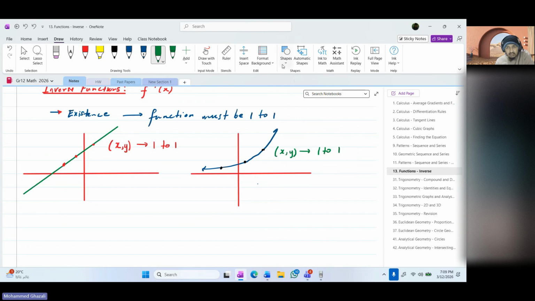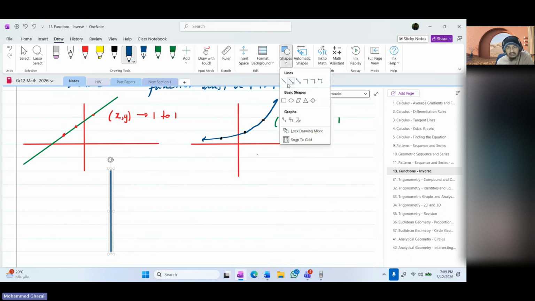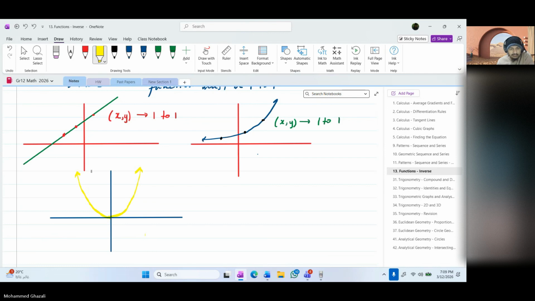Let's look at functions that are not unique. They are still functions, but the inverse does not exist unless you restrict the graph. Let's take an example of a parabola. On a parabola, say this point is x1 and this point is x2, they result in the exact same y value.